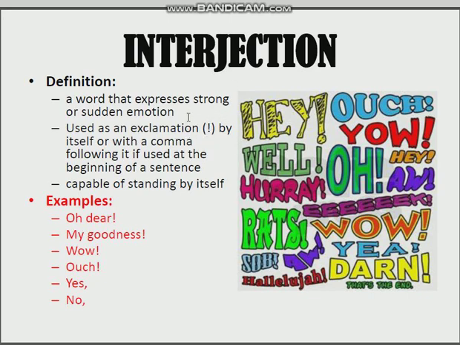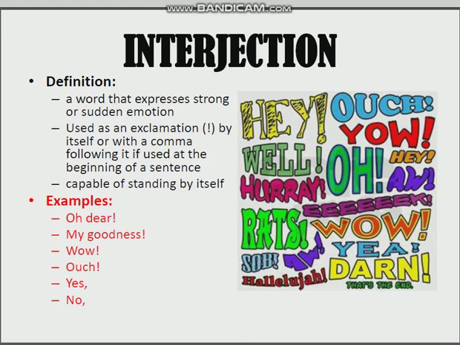It's very easy to identify the words of interjections because there is the use of an exclamatory mark. You can see this mark, a bucket and a ball just under it, is called an exclamatory mark, used as an exclamation by itself or with a comma following it, if used at the beginning of a sentence.